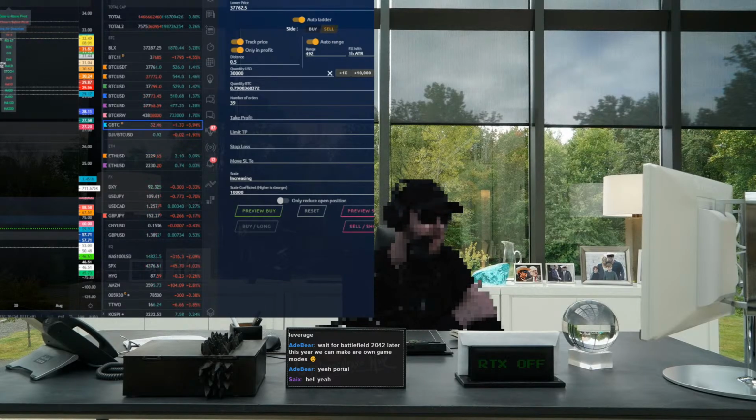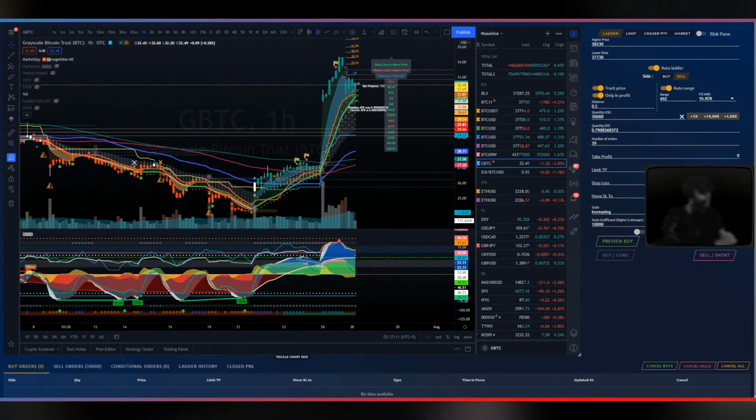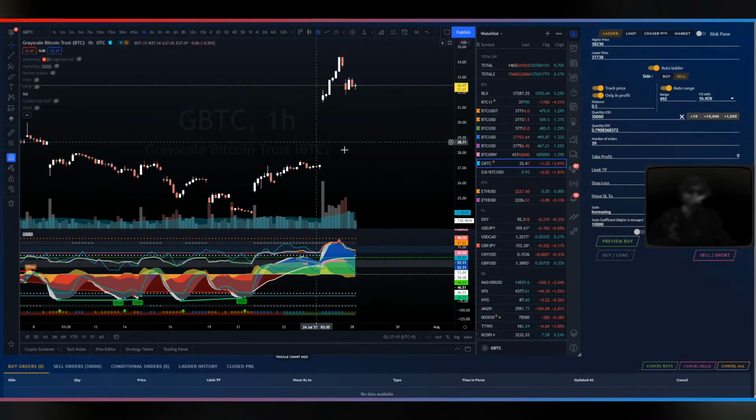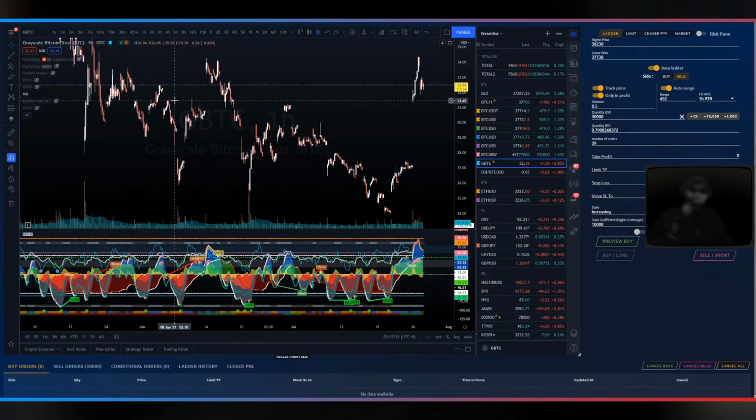It also gapped a little bit. Okay, look at that. Look how many gaps it has. That's crazy. Which one will it close next?